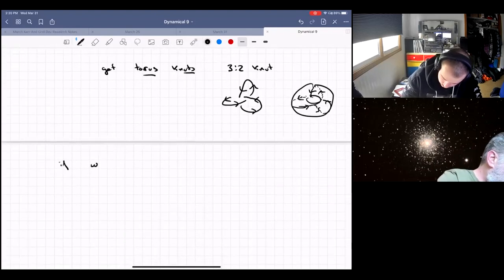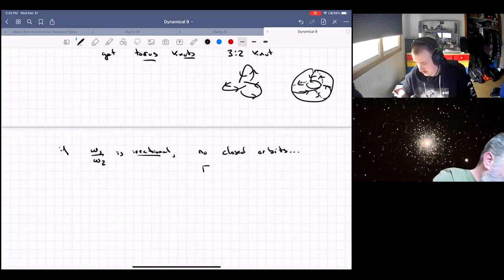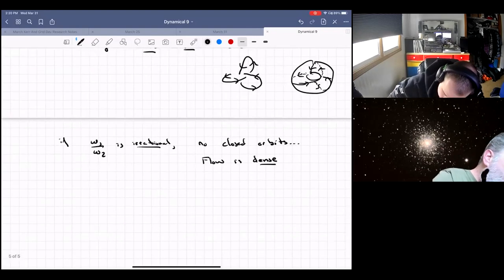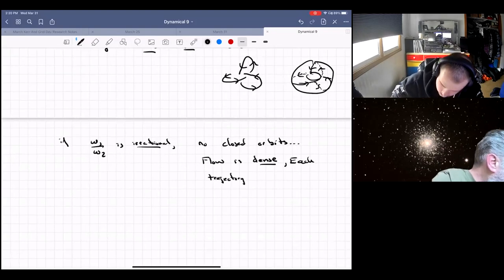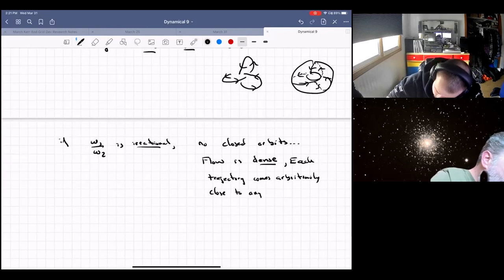If not, we do not get closed orbits. The flow is dense, which means that each trajectory comes arbitrarily close to any point on the torus.